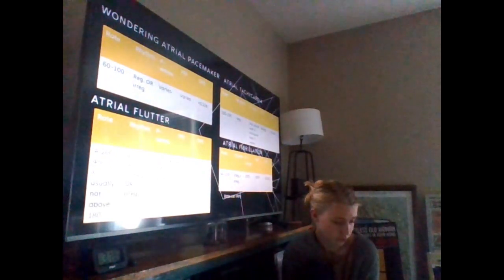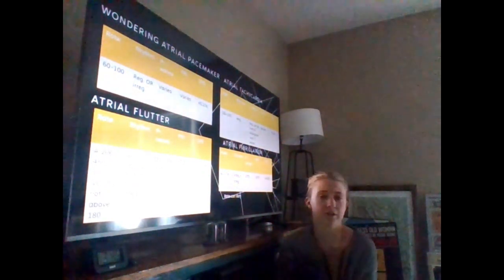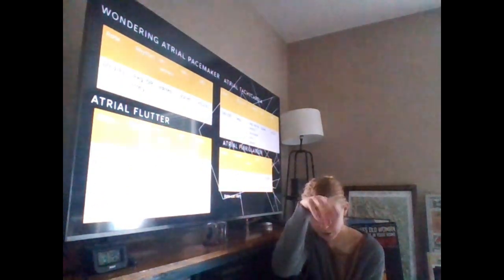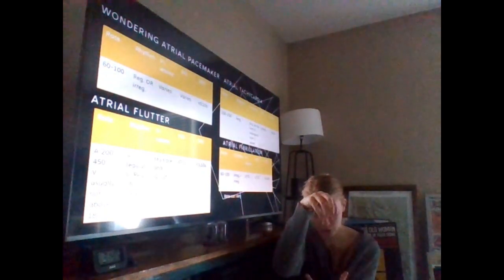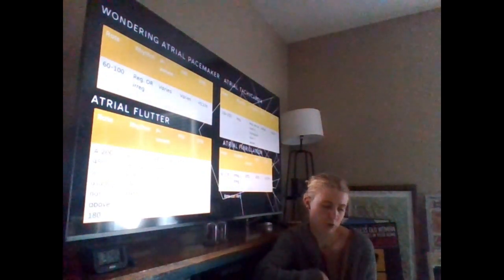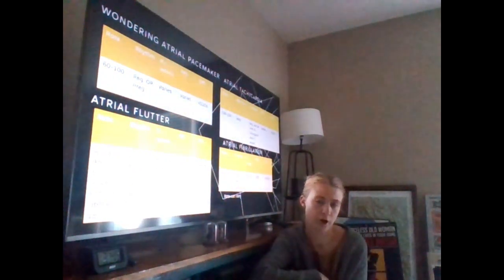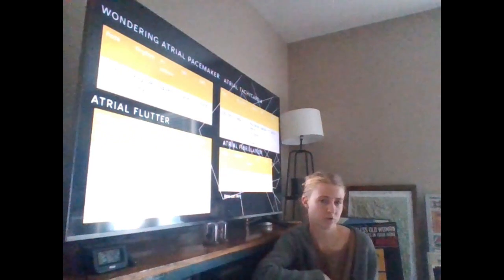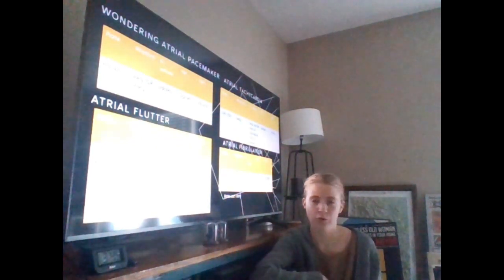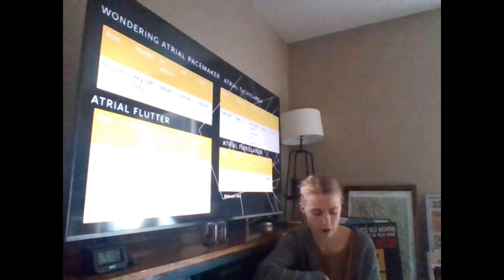And then you have atrial flutter, which is really similar to atrial fib, but instead of your atria just quivering there, they're beating more rapidly than the QRSs. So you will have different numbers of P waves to your QRS. Your P to QRS ratio could be anywhere from, let's say, 3 P waves to 1 QRS, or 2 P waves to 1 QRS.